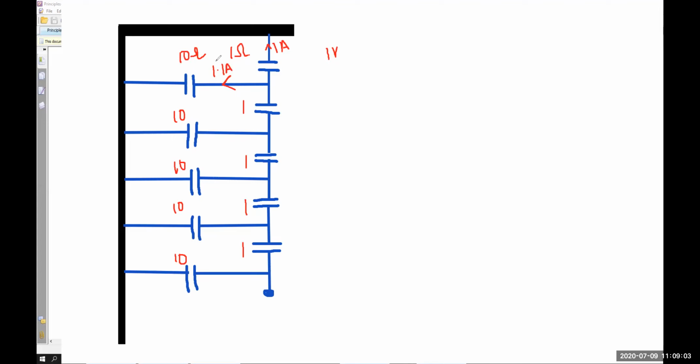Because 1 volt divided by 10 ohm, oh no, I made a mistake. 1 volt divided by 10, that means 0.1 ampere, right? So 1 ampere and 0.1 ampere. How much current will you have here? 1.1 ampere. So how much volt will you have here? 1.1 volt.